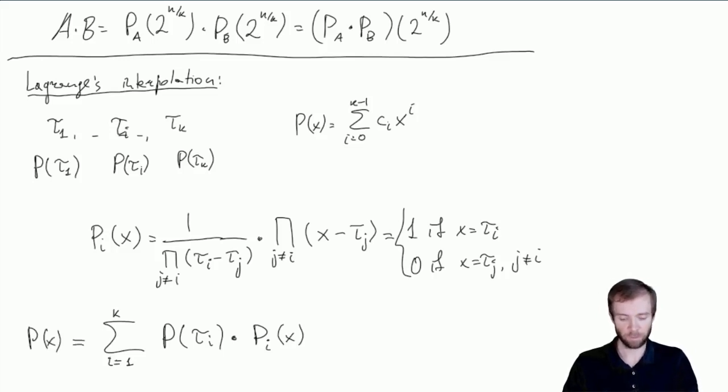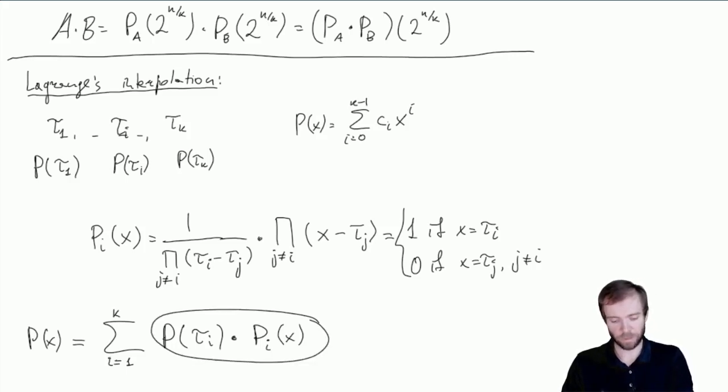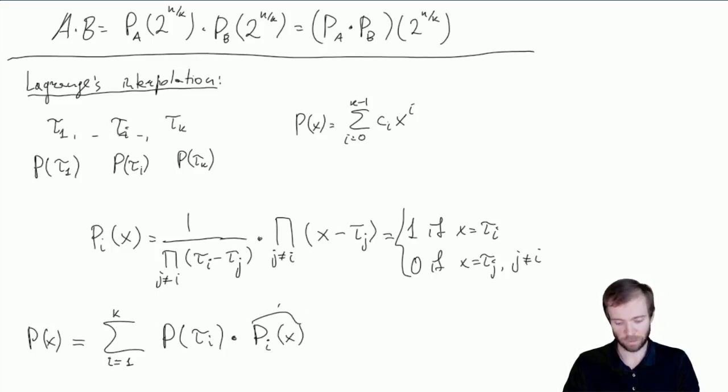So we see that plugging in any concrete tau will leave only one term in this sum being non-zero, and the value would be exactly 1 times p of tau i, and all the other terms of this sum will be equal to 0, so they get out of our way.